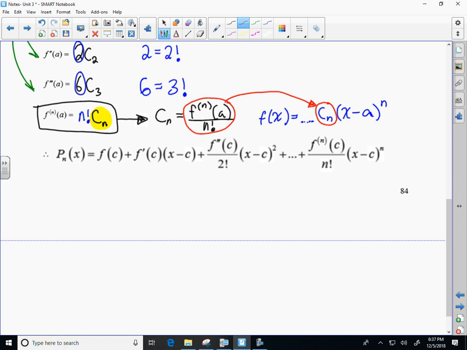Then I have everything I need, because as long as I can make a determination of how many terms I want to go out in my sequence, then I'm good to go. Right? So my derivative, how many derivatives I'm willing to go out, where I'm centering my Taylor polynomial, and n would be consistent with the number of derivatives that I'm going out. So much easier to handle here.